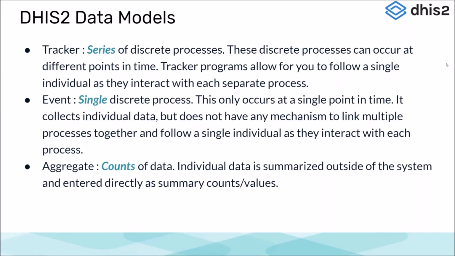So what I wanted to talk about is the three types of packages that we have on offer, the different data models that we use. There are some terms that we will be using a lot, in particular this tracker term, and for anyone who's not familiar, we just wanted to get everyone on the same page. When we're talking about DHIS2 tracker, we're talking about a series of discrete processes that are linked together to give you one overall workflow that is linked to a specific individual.